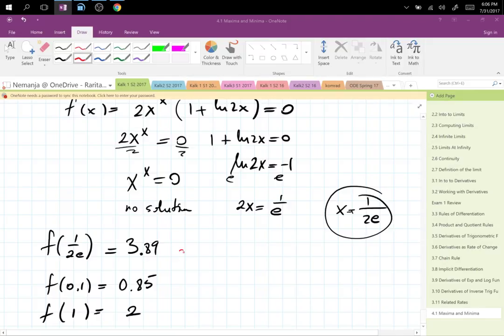So absolute max, that's the highest value, and absolute min, that's the lowest value. And these 2 could be min, max, or inflection, could be anything. We don't have any information, but by the theorem we are guaranteed to get both a min and a max. Is this the extreme one? Theorem? Mm-hmm.